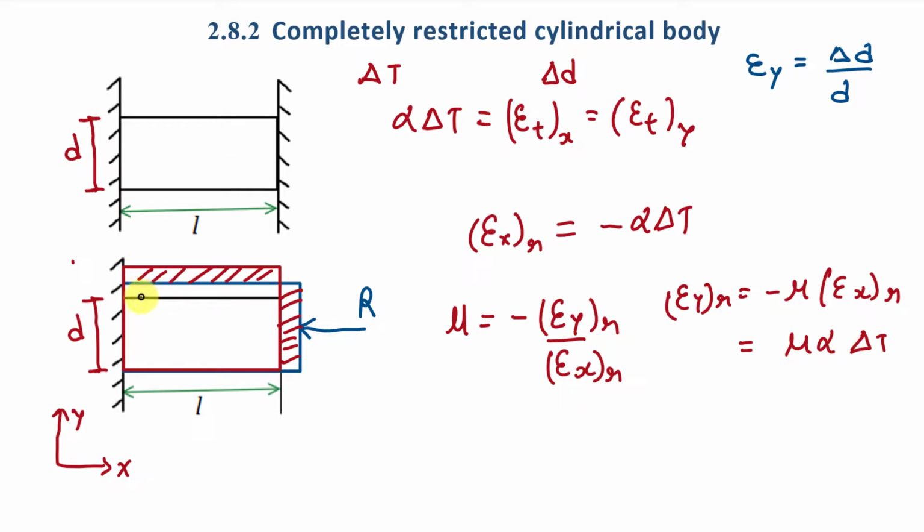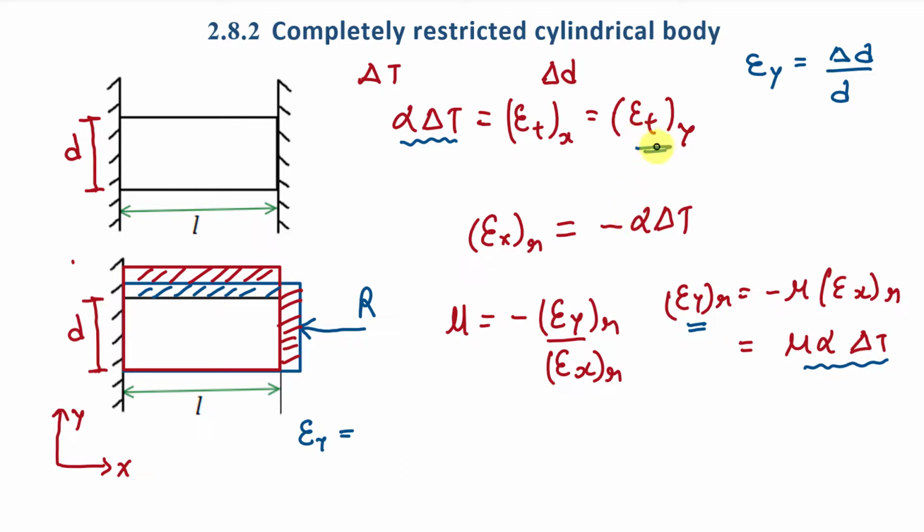Now understand that this strain is the strain due to temperature difference delta T in this body in y direction, that is epsilon T y, and it has the value alpha delta T. And this strain is the strain in y direction due to this reaction R applied on this body, and this strain is epsilon y R and it has the value mu alpha delta T. Let's say the total strain in y direction is epsilon y.